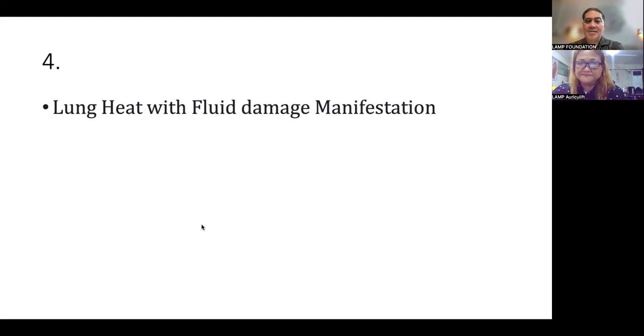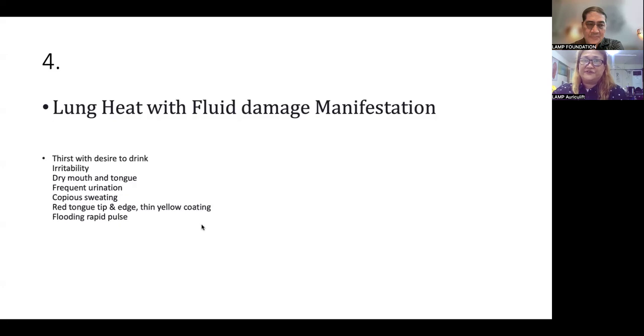Can you tell us what lung heat with fluid damage manifests? Yes, the lung heat with fluid damage manifestation: dry cough, thirst, shortness of breath, chest discomfort, dry skin and mucous membranes, frequent urination, fatigue and weakness, fever or sensation of heat, red tongue appearance.